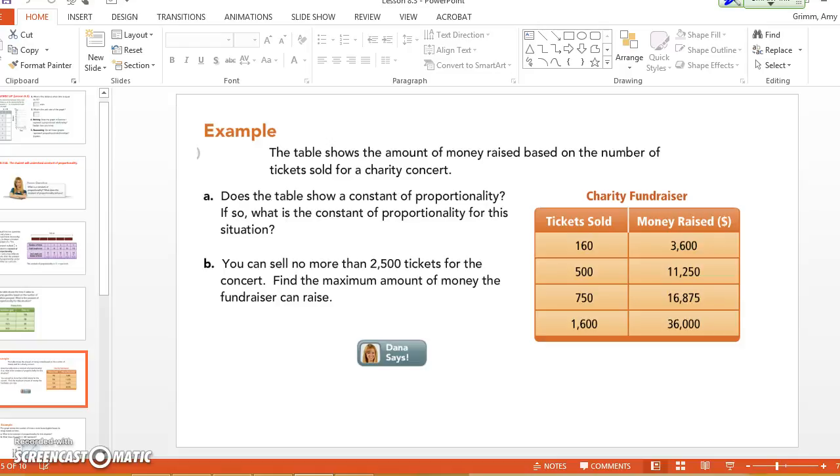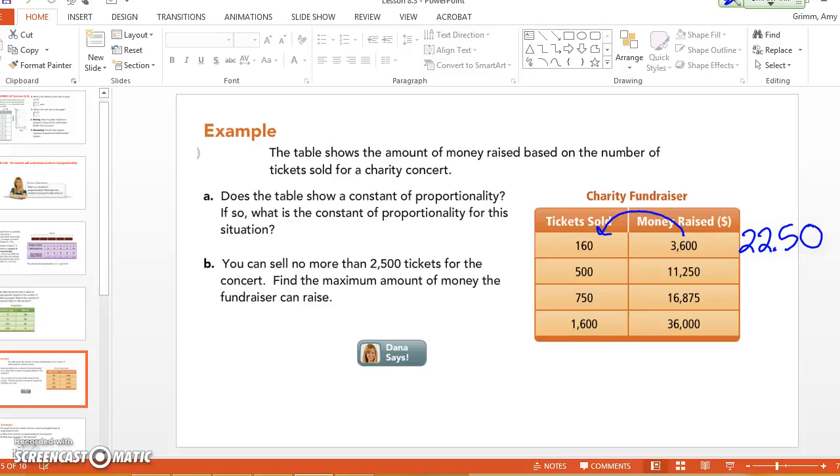Okay? Now, in this case right here, go ahead and figure out what your constant of proportionality is going to be and tell me what it is. Okay, Hayden says it's 22.5. What does 22.5 mean in this situation? $22.50 per ticket.